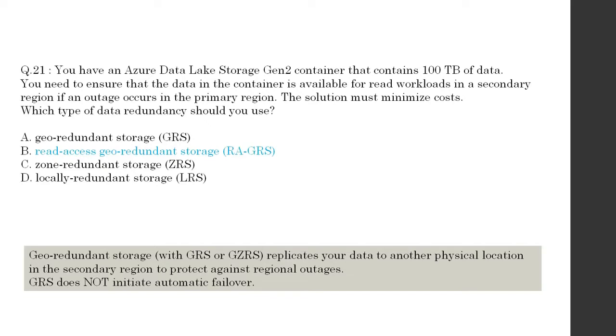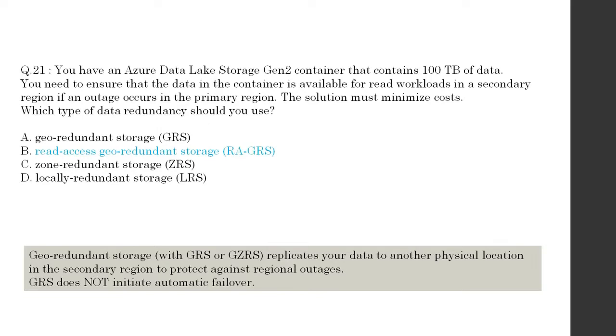So here A and B are the answers to this question, and you can select either A or B. In this type of question, you have to select answer B, because read access geo redundant storage, RA-GRS, is the correct answer. Geo redundant storage with GRS or GZRS replicates your data to another physical location in the secondary region to protect against regional outages.